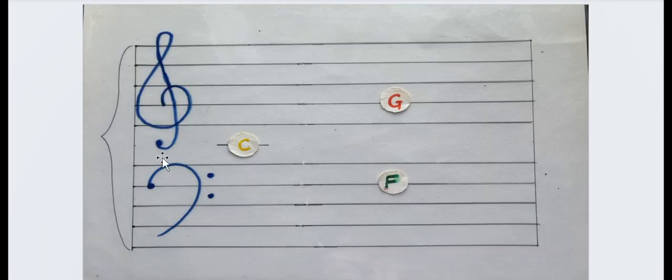So the first 3 landmark notes are middle C, G on the second line of the treble stave, and F on the second line from the top of the bass stave. So these notes are still in the C position, and notice that F is on the line between the two dots of the bass stave, so it should be very easy to remember.